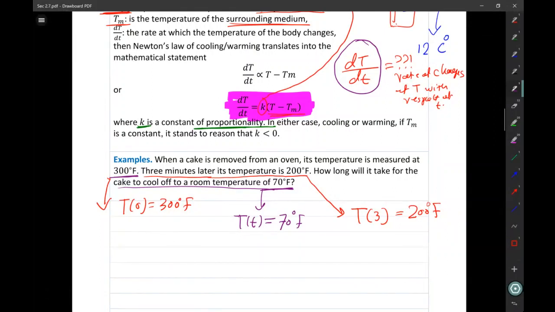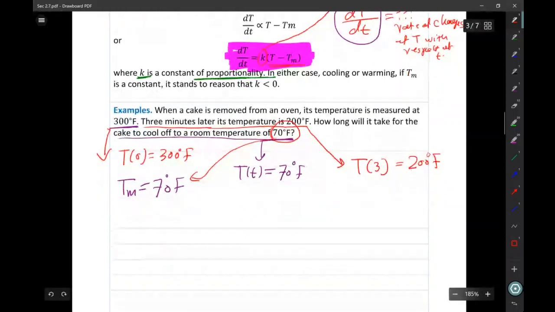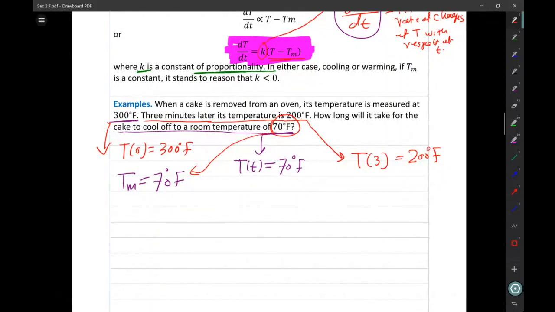This is the question. But the temperature of the room, Tm, how much is that? Also 70 Fahrenheit degrees, because it is the temperature of the room, the surrounding medium. So now we determined the given information.